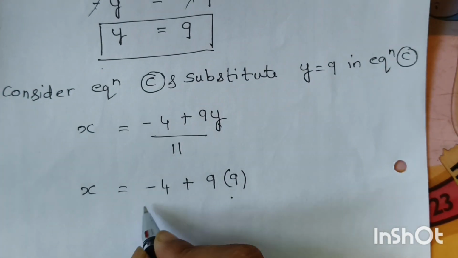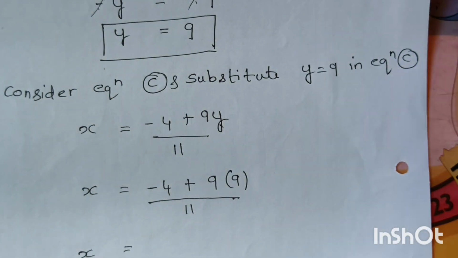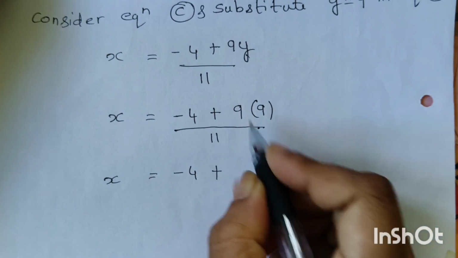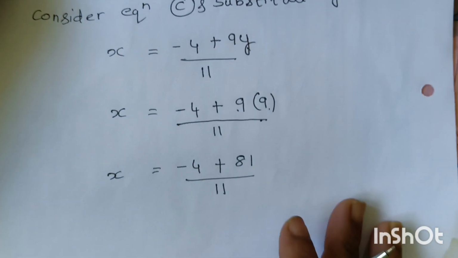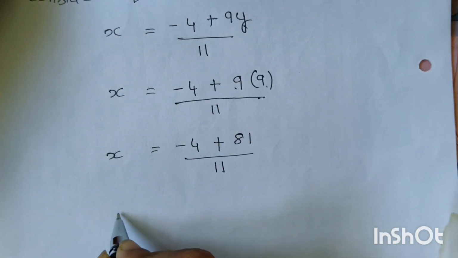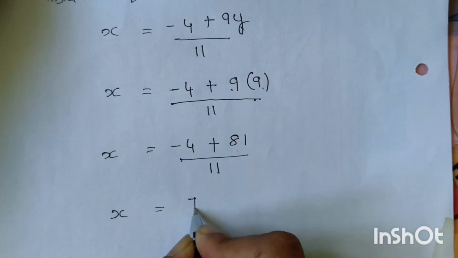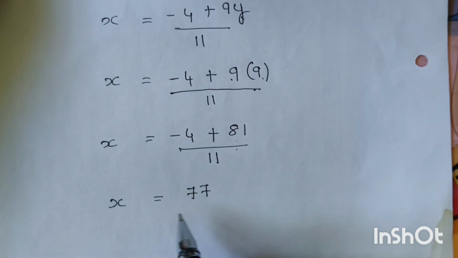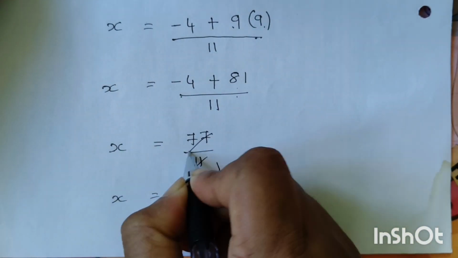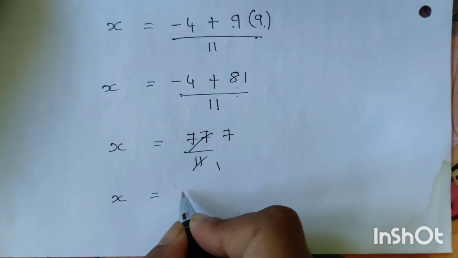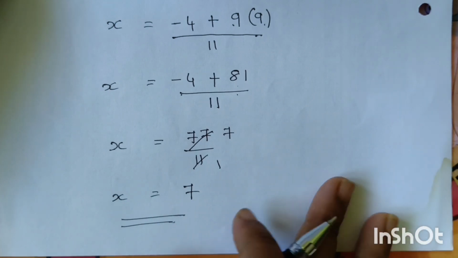Therefore, into 9 divided by 11. x is equal to minus 4 plus, 9 nines are 81, divided by 11. x is equal to minus 4 plus 81 is 77, divided by 11. x is equal to 11 ones are 11, 7 elevens are 77. Therefore, x is equal to 7. We got the value of x as 7.